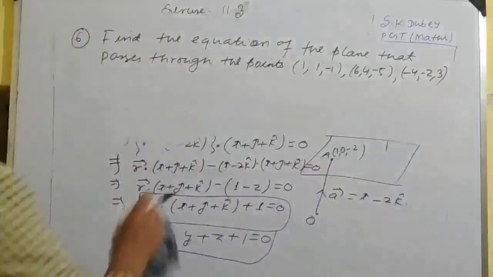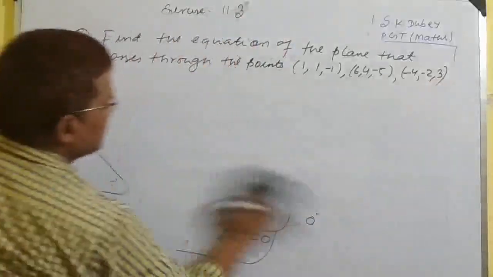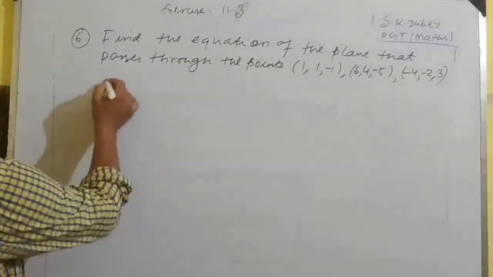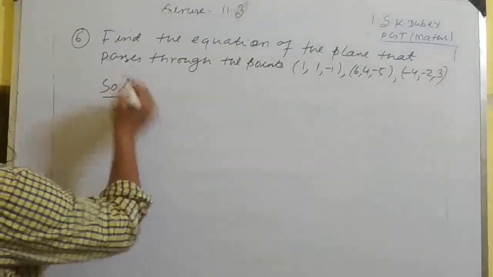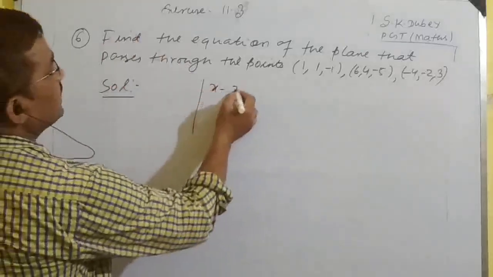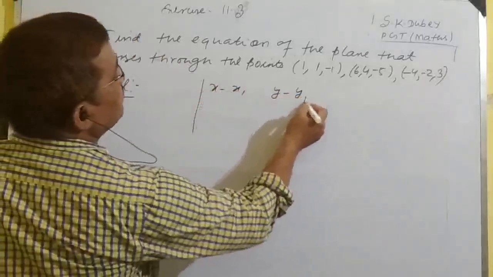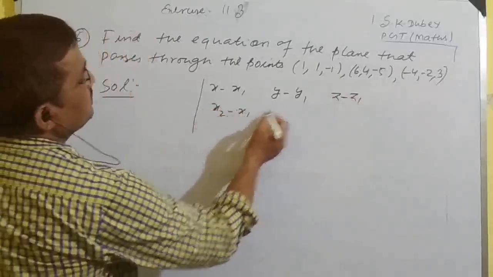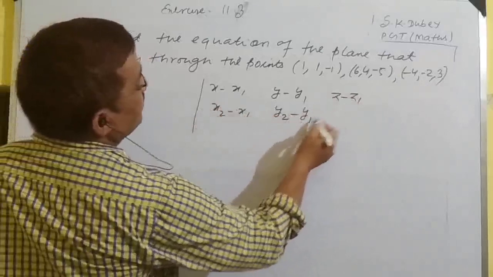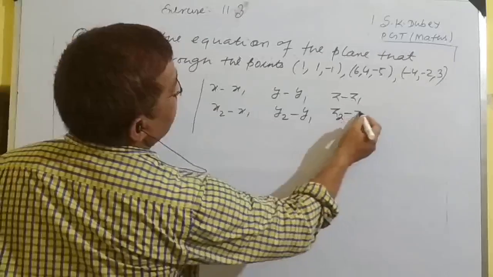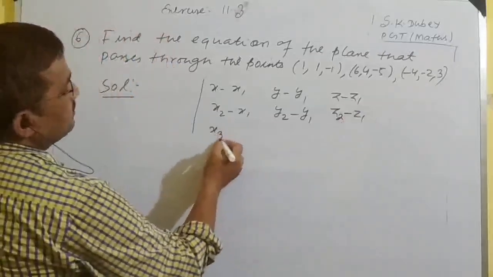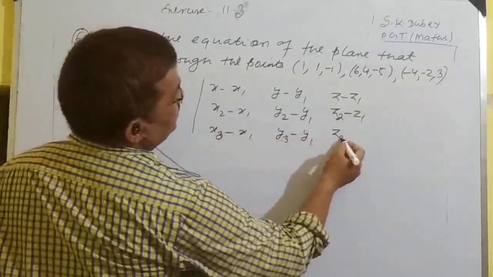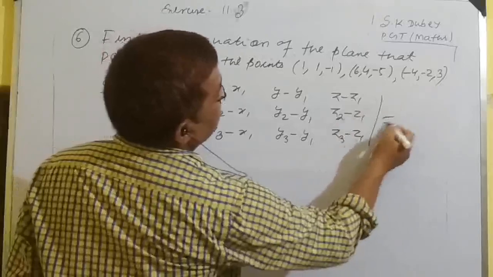Now by using the formula, the equation of a plane passing through 3 points is the determinant of x minus x1, y minus y1, z minus z1; x2 minus x1, y2 minus y1, z2 minus z1; and x3 minus x1, y3 minus y1, z3 minus z1, is equal to 0.